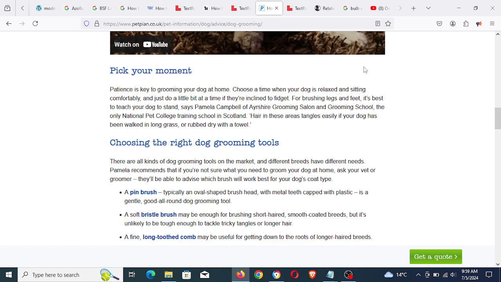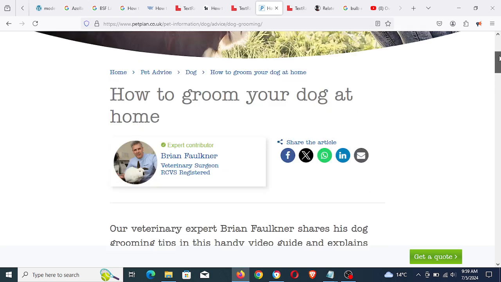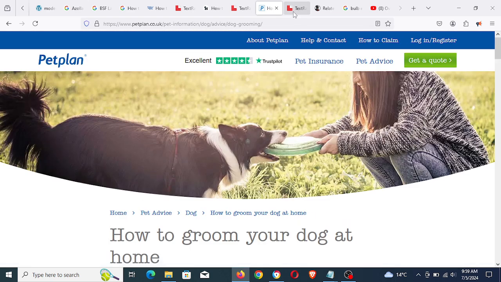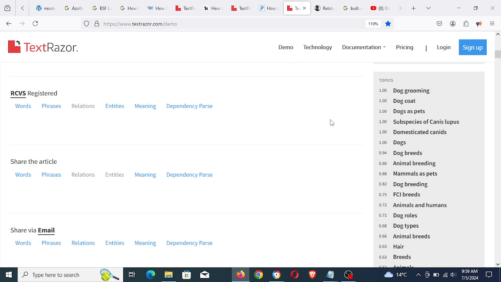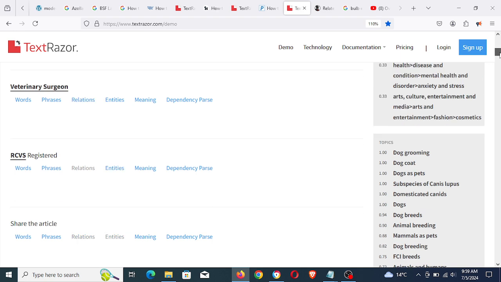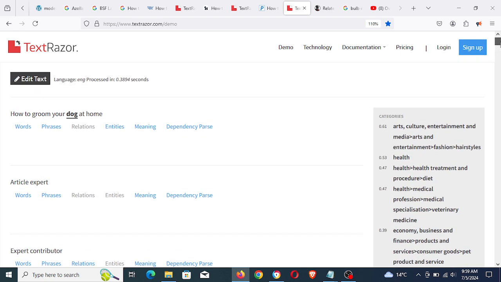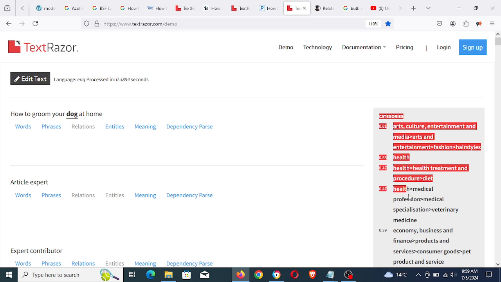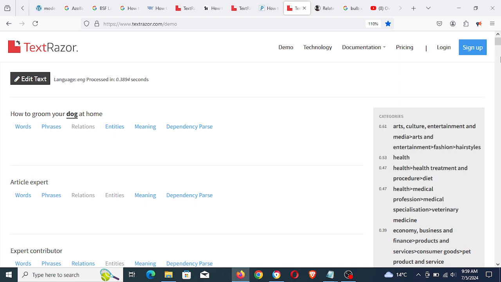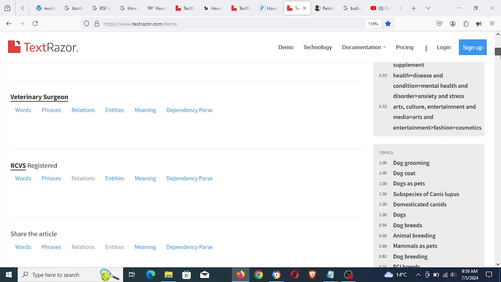But now let's go to the 50th ranking article. It has aspects that are similar to the first one, but the NLP entities are showing that it's quite a different type of thing. You can see the categories. Although the categories show that it has health, it's a bit different when you go to the topics.